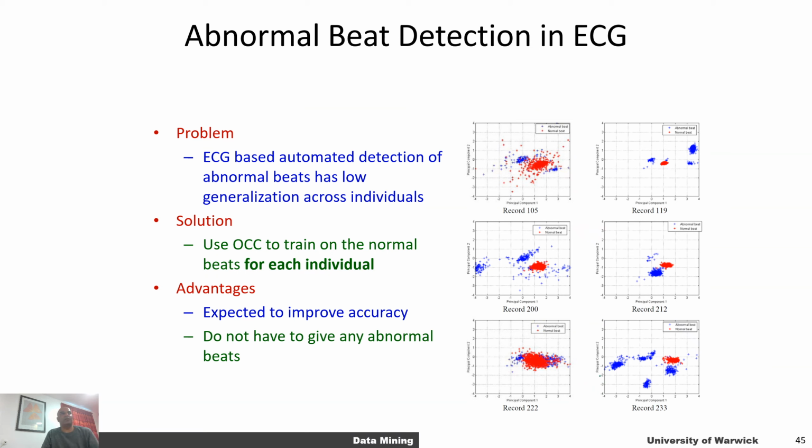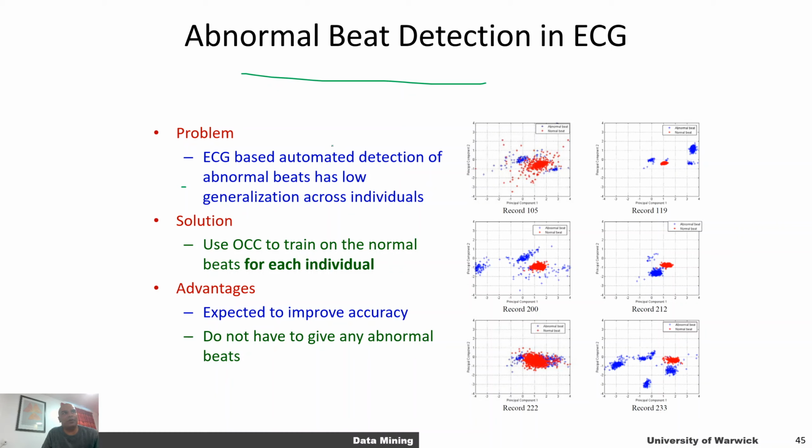So let's say we want to do abnormal beat detection. This is something I did quite a lot back during my masters. We used abnormal beat detection in ECG to test different types of machine learning models, and we developed one of our own one-class classifiers as well.